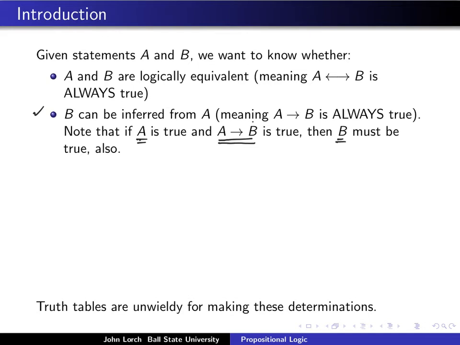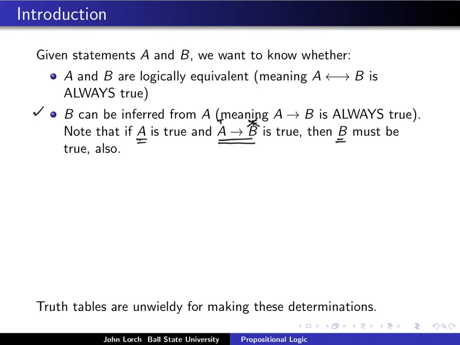Well, if B were false, then A we know is true, and then we have the situation if A then B, where A is true and B is false. But remember, that is exactly the situation where the conditional if A then B is false. But we know that if A then B is not false. In fact, it's true. So B cannot be false.